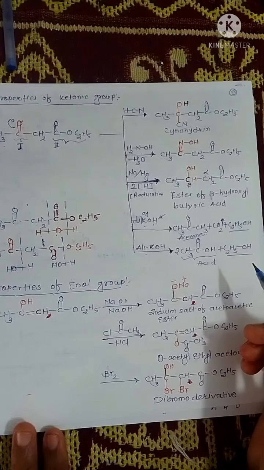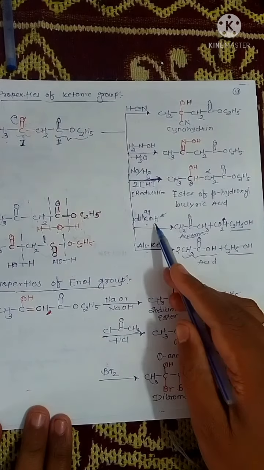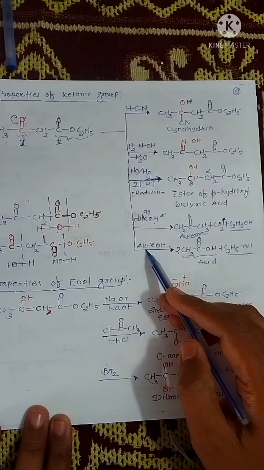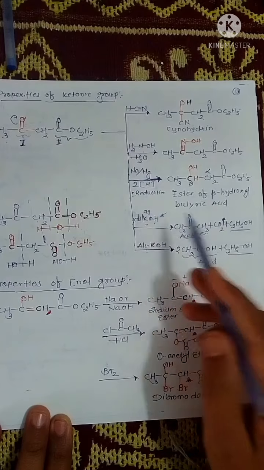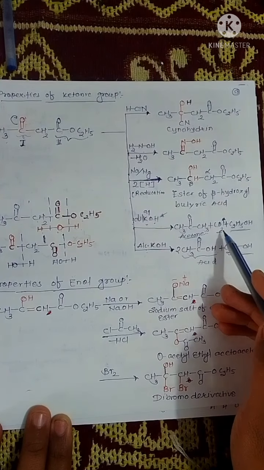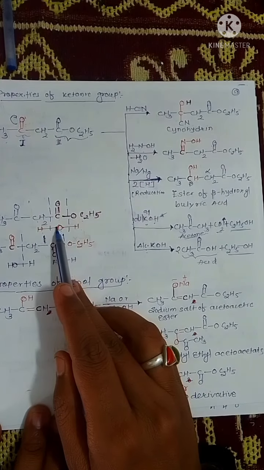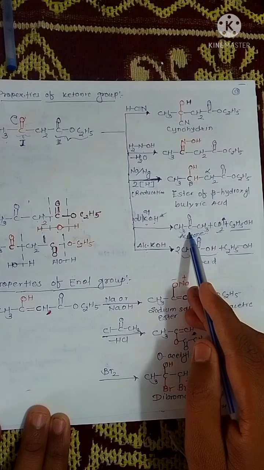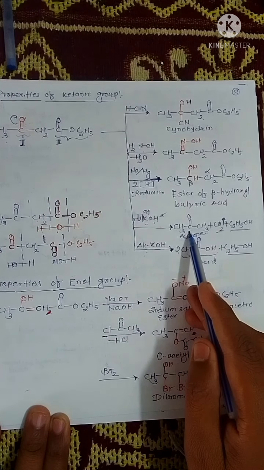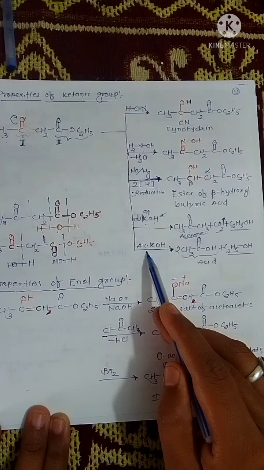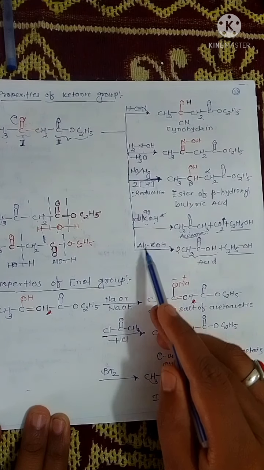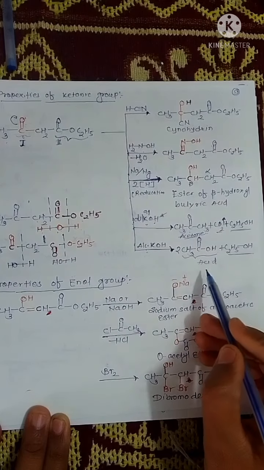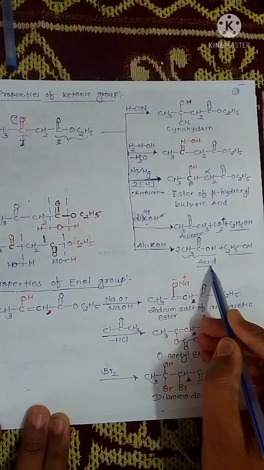So what is the important thing in these two reactions which we have to know? When we add aqueous KOH, decarboxylation of the compound takes place and ketone is the main product, while when we add alcoholic, that is concentrated KOH, the main product formed is acid.